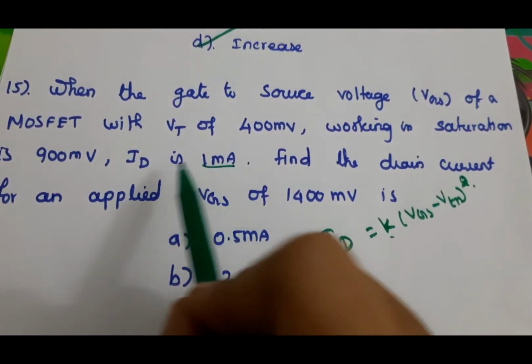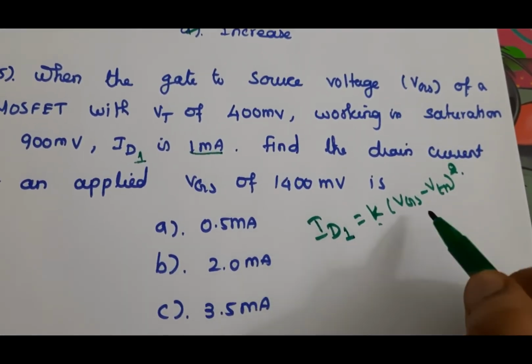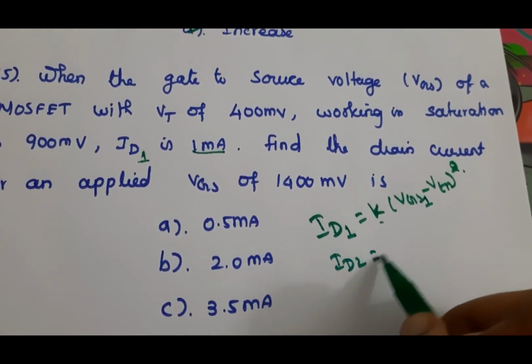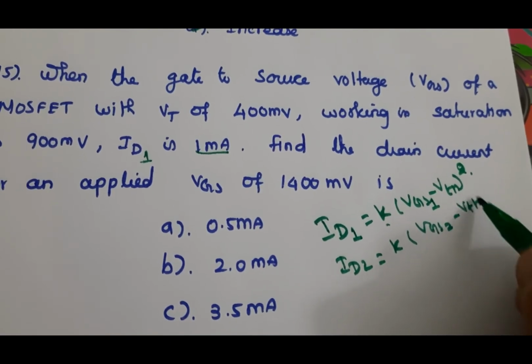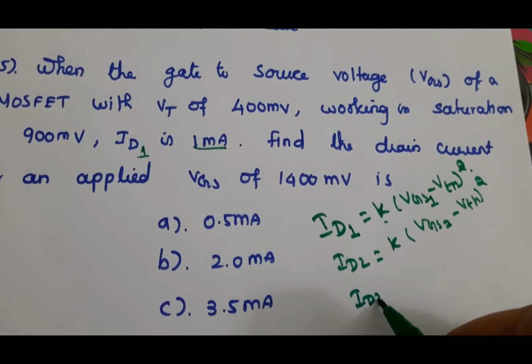Take this as ID1 with VGS1, and similarly ID2 equals K into the square with only the VGS value changed. We have to find ID2.